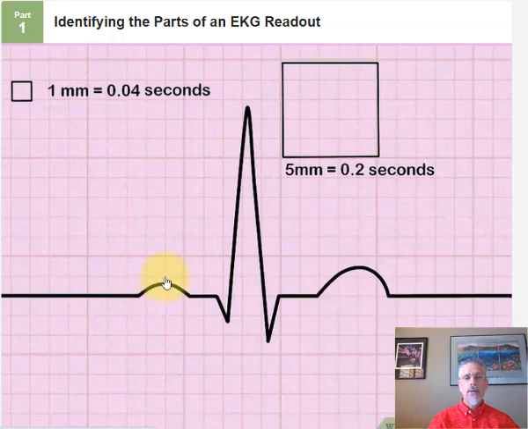This one doesn't quite go a full box, but we'd round it off and say that this is 1 millimeter or 1 box high. And we said that in the vertical, when we're measuring amplitude, each 1 millimeter block is equal to 0.1 millivolts. So the amplitude of that P wave would be 0.1 millivolts.